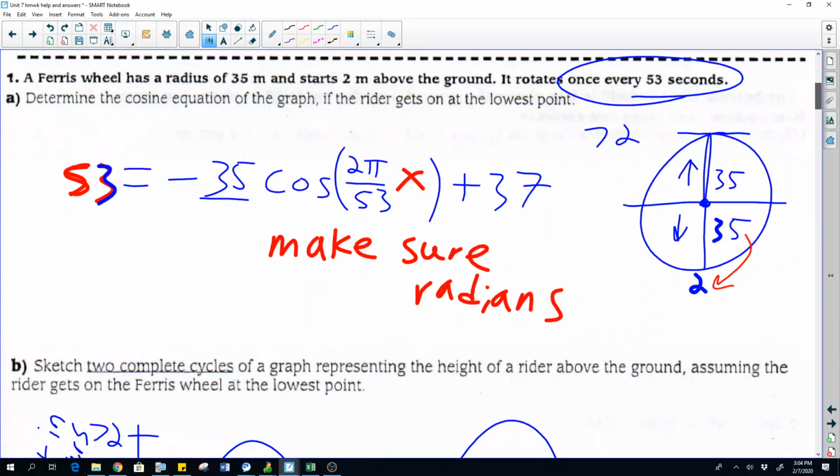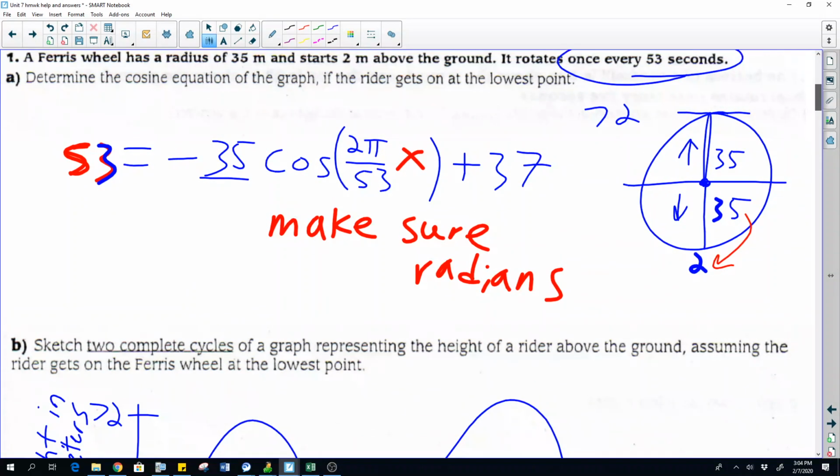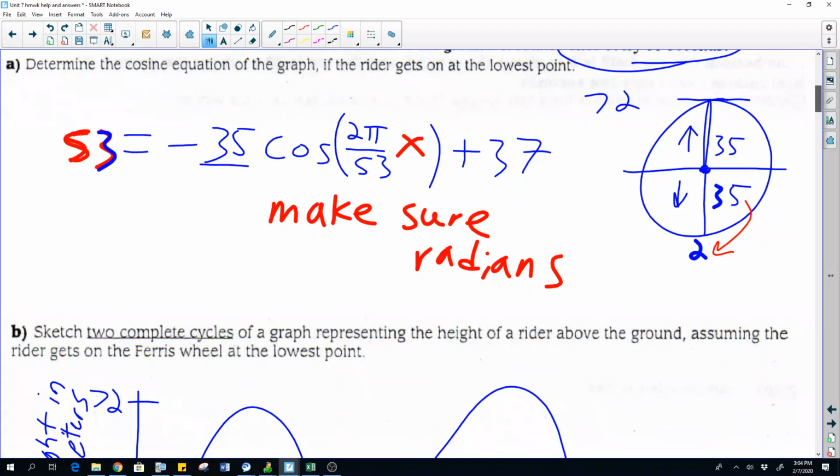Our maximum was 35 plus 2, so 72, minus 2 is 70. Oh, but the amplitude, sorry, we minus them to get the amplitude, and that's how we got 35.